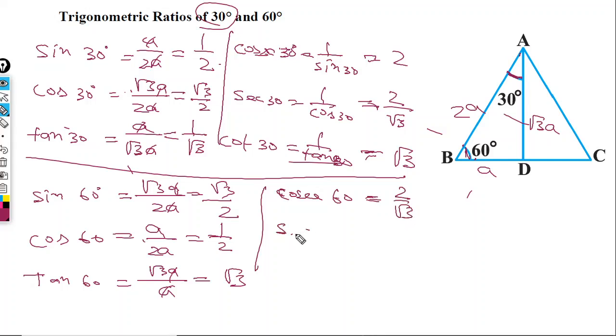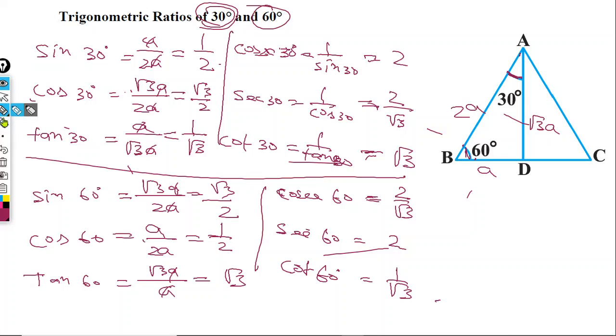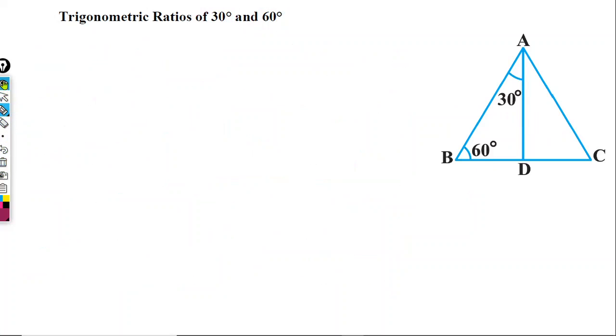Similarly, sec 60 degree will be equal to 2, then cot 60 degree will be equal to 1 by root 3. So this is about 30 degree and 60 degree. Finally we will move to 0 degree and 90 degree, so that is in the next slide. Next, move to it.